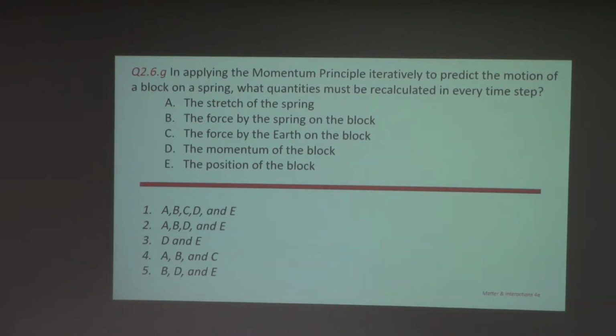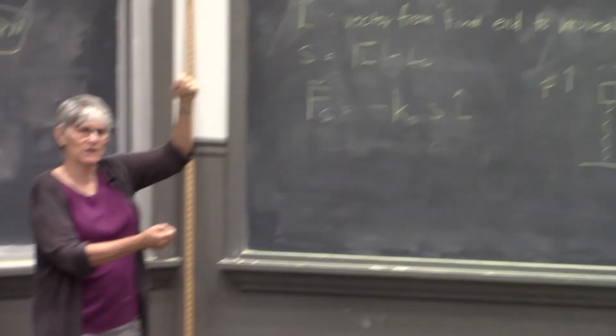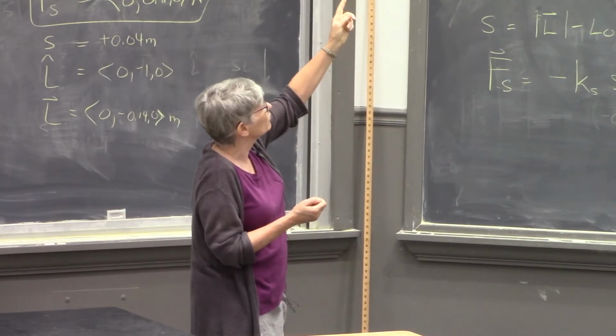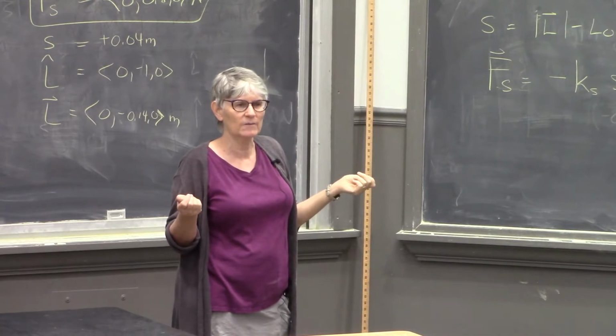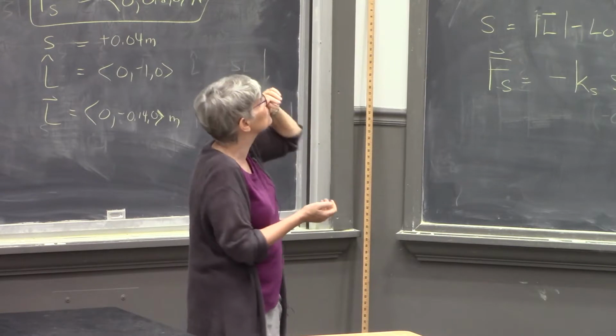Okay, so what do you think? Awesome. Yeah, you're right, it's 2. So we need to calculate the stretch of the spring because it changes. The length of the spring keeps changing. We need it to calculate the force the spring is exerting on the block, and the spring force on the block changes because the stretch changes.